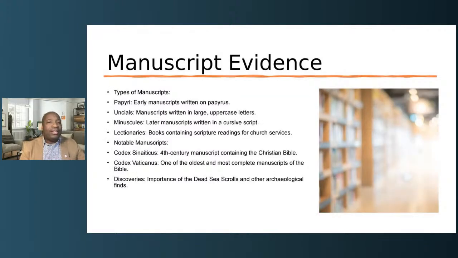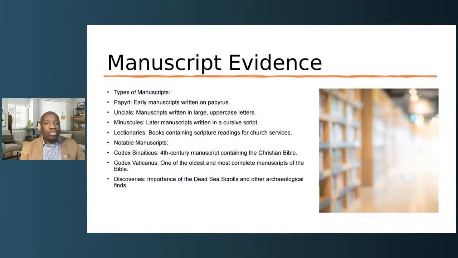When you look at manuscript evidence, the types of manuscript, all right, original, early, the different types of languages, all right. Early manuscripts were written on papyrus. Okay, manuscripts written in large and uppercase letters. Later manuscripts written in a cursive script. So you're looking at these different, I'm going to use this word, variations, even in how the manuscripts were constructed.